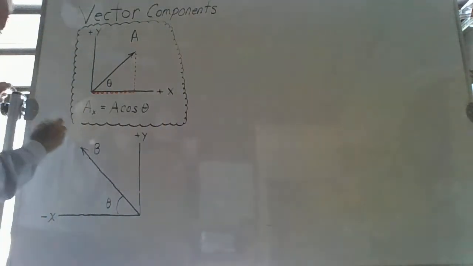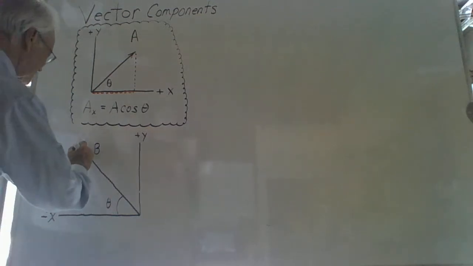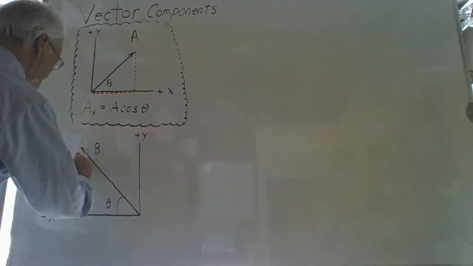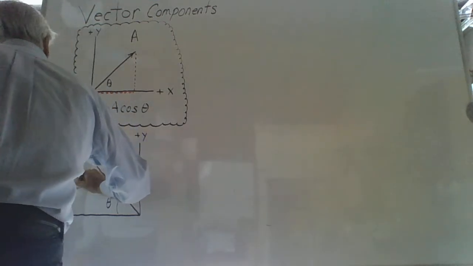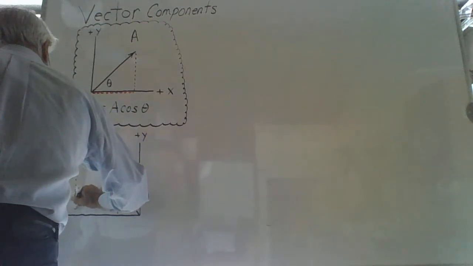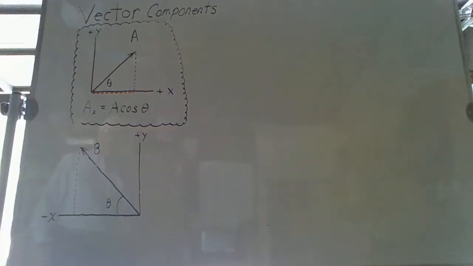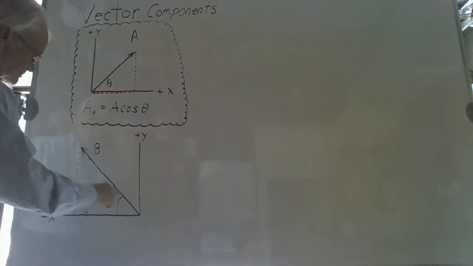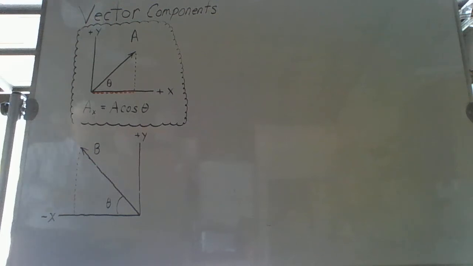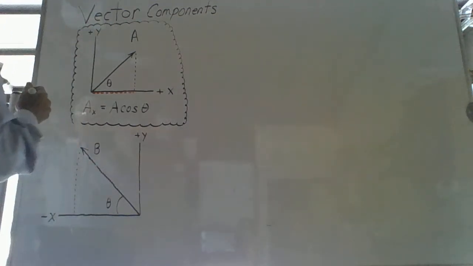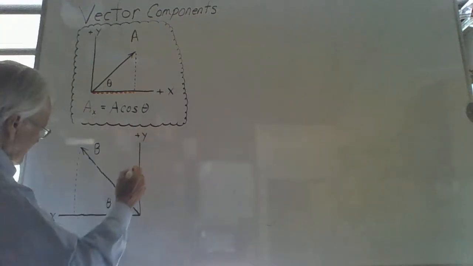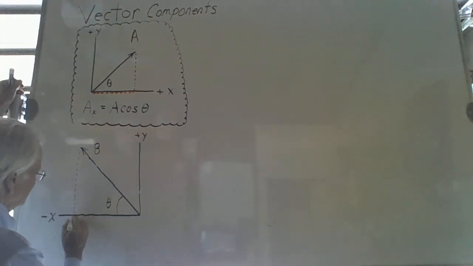To construct the right triangle, I'll drop this line straight down. That's the leg of this right triangle. The base of this triangle is what we're going to be interested in. And I sketch it here.